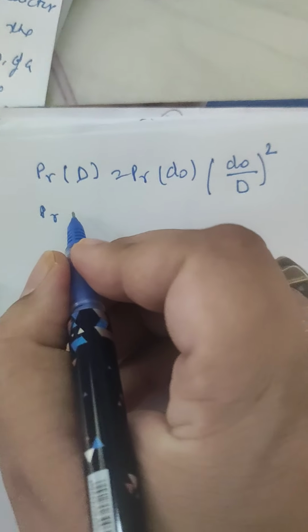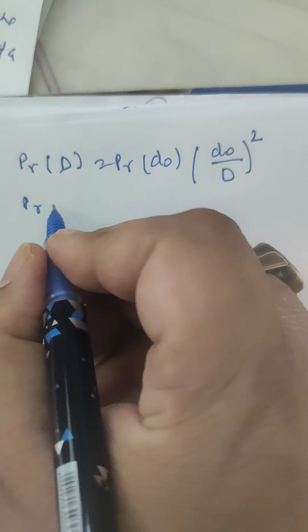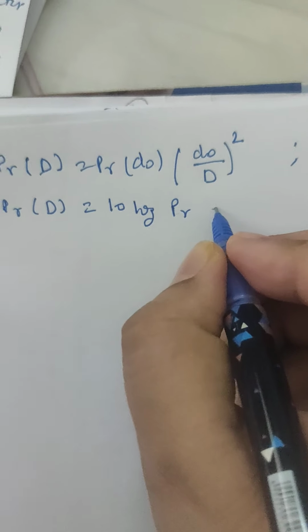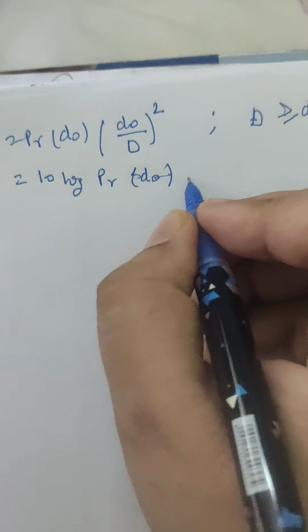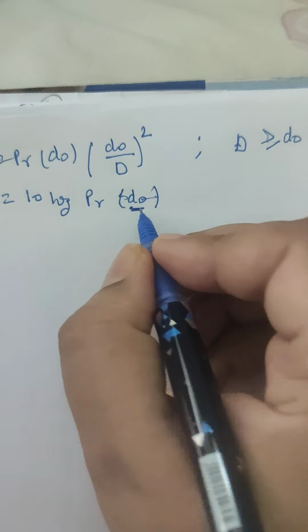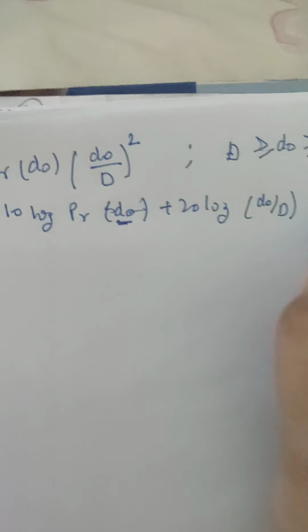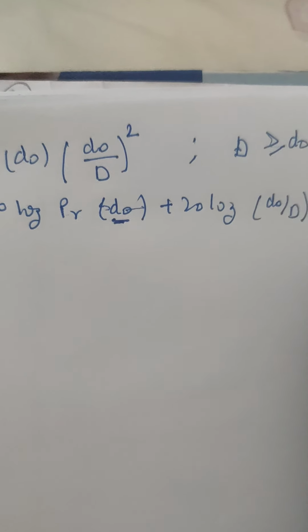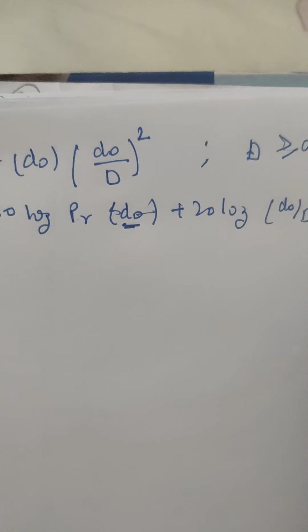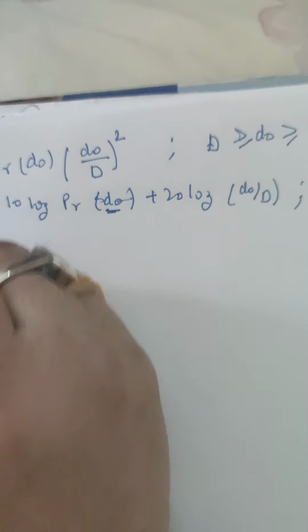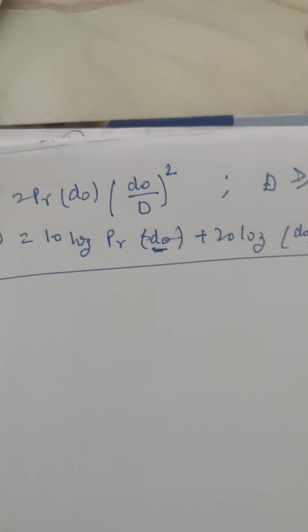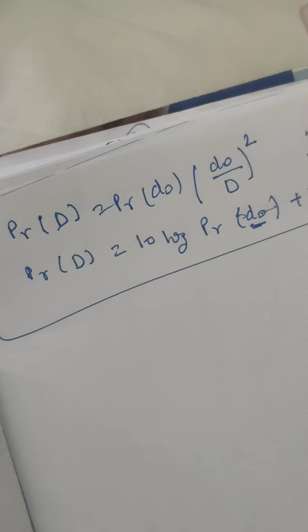Again we rewrite this equation. Received power in dB is given by 10 log P_R(d0), the reference distance, plus 20 log d0 by d, where d is greater than d0 and d0 is greater than or equal to the Fraunhofer distance. These are our two equations. So this model assumes only line of sight.